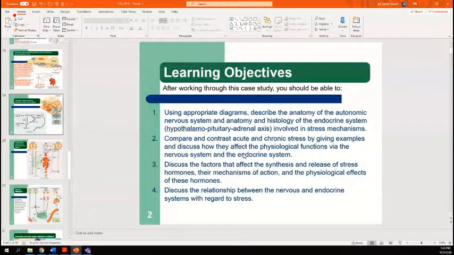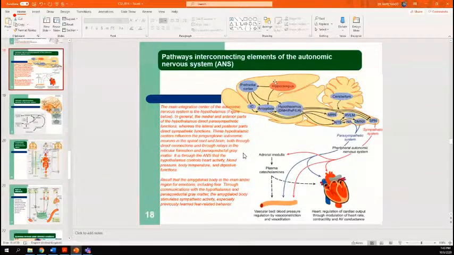So for those who are meditating or in some very calming situation, you can actually reduce the heart rate. Okay.